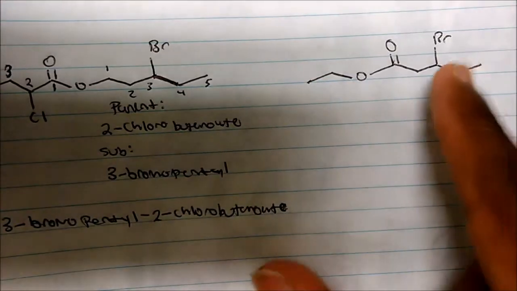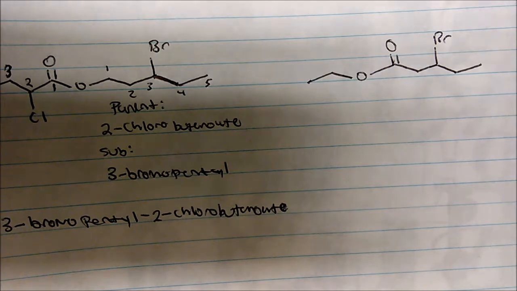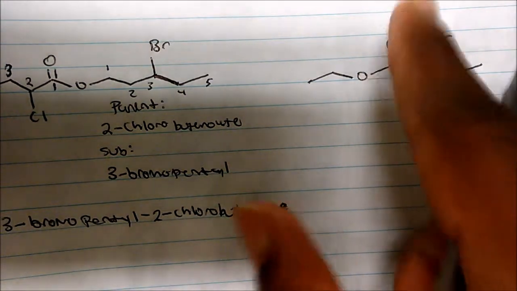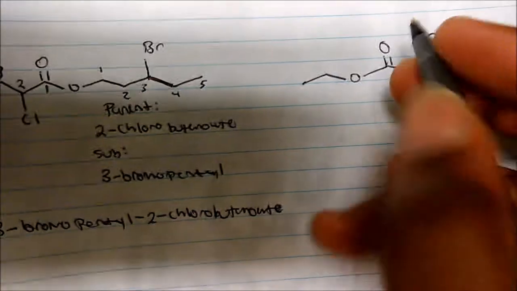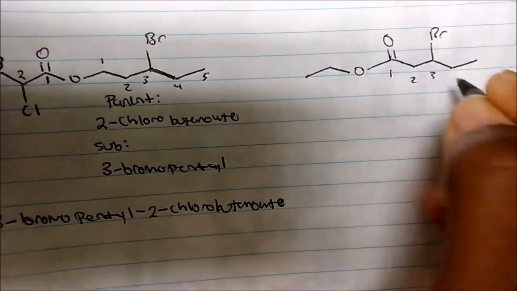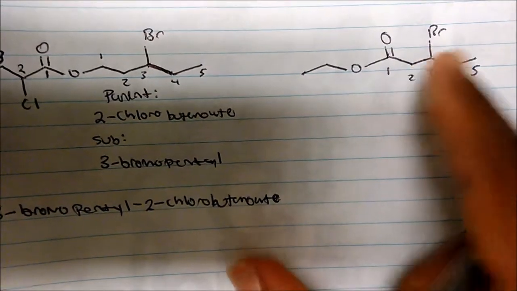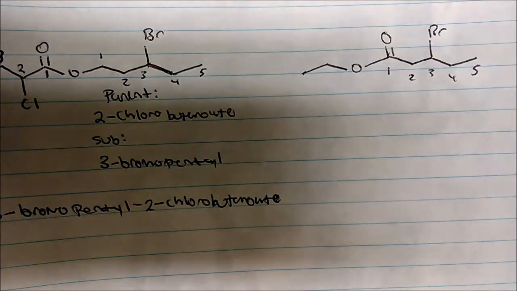Okay, let's look at one more. How do we name this one? What is my parent chain? It happens to go this way because this includes my carbonyl carbon. So this is carbons 1, 2, 3, 4, 5. As a parent, this is pentane if it was an alkane, but because it's 5 carbons and it's an ester, we call it pentanoate.